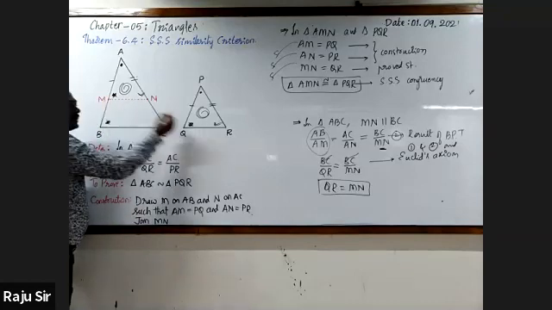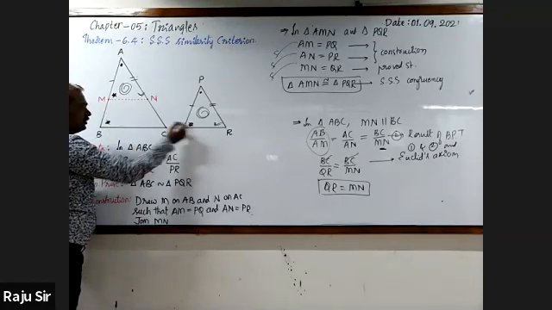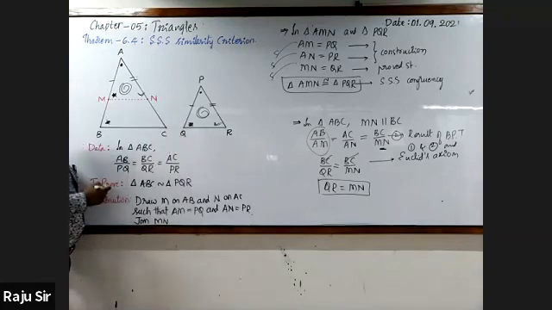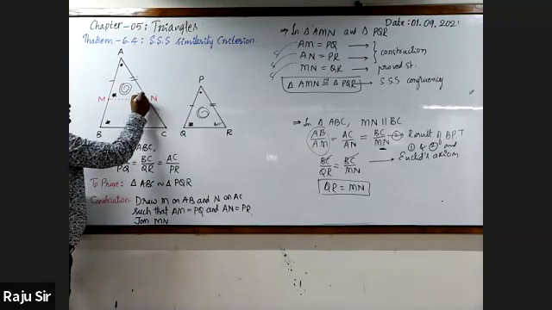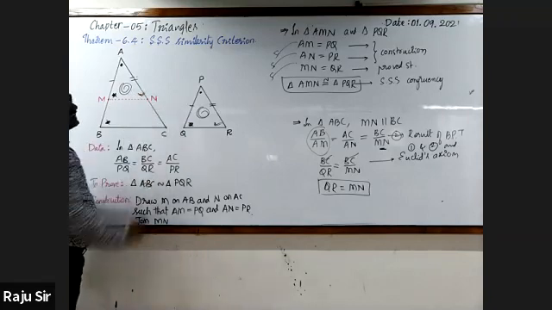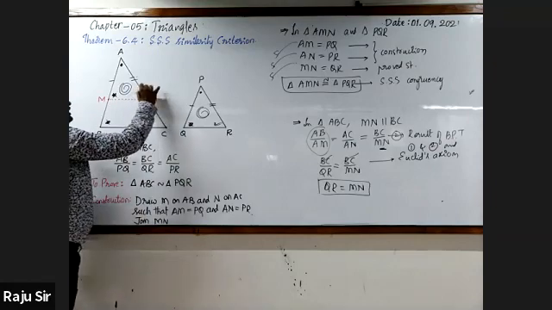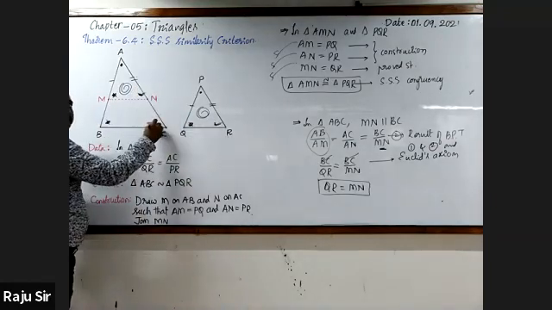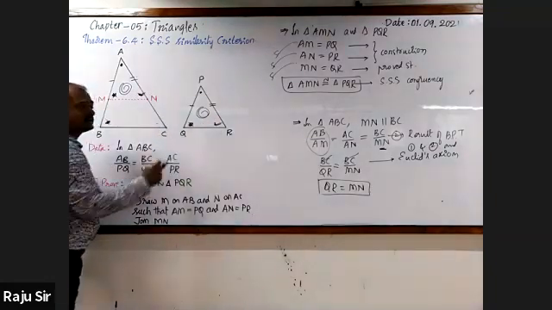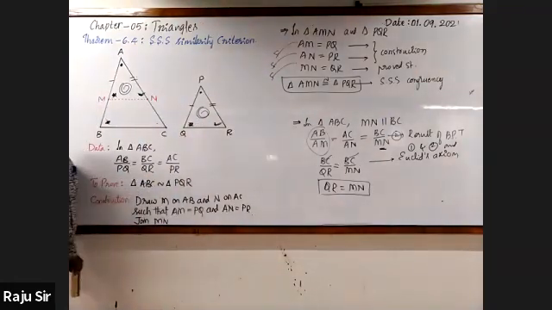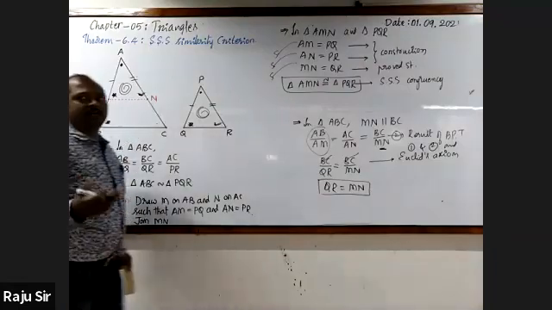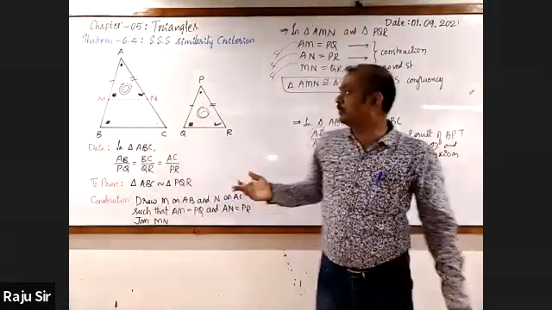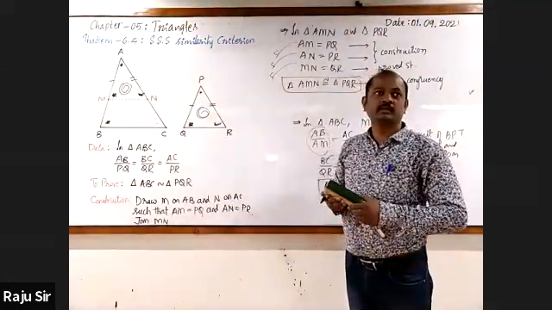This angle is also equal to angle Q. Hence angle B equals angle Q. Reason: Euclid's axiom. This angle is also equal to angle C. Hence angle C is equal to angle R. All the corresponding angles are equal. Hence the two triangles are similar.